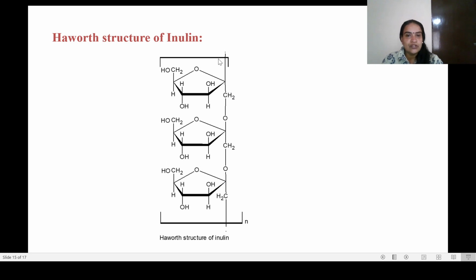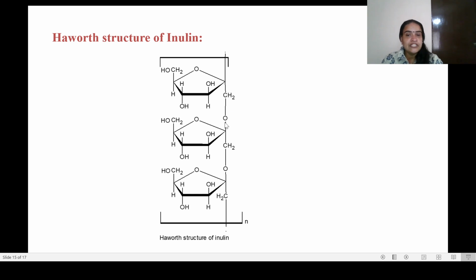So this is the structure of inulin, where the first carbon is CH2OH, and this can be considered as the second carbon CH2OH. So the OH group on the CH2 will combine with the OH group directly connected to the first carbon of another fructose unit through beta-1,2 glycosidic linkage.